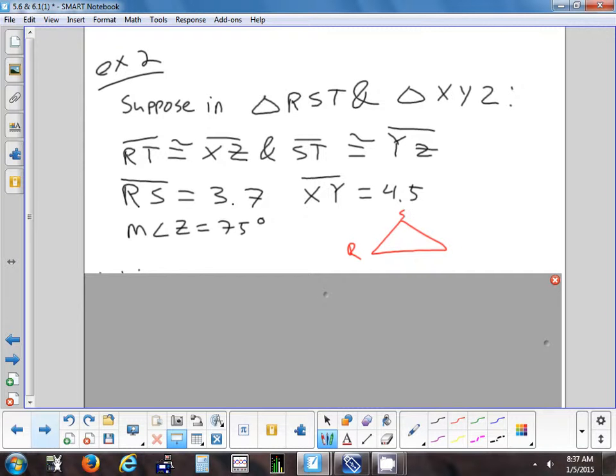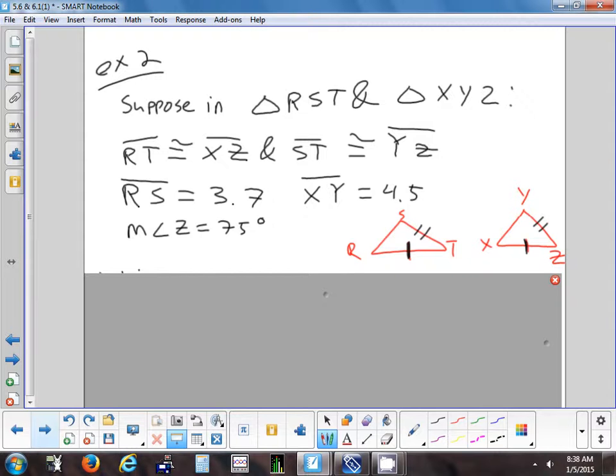Let's call that RST, and let's call this one XYZ. They're telling me RT and XZ are congruent, and ST and YZ are the same. Right away I know the Hinge theorem applies.